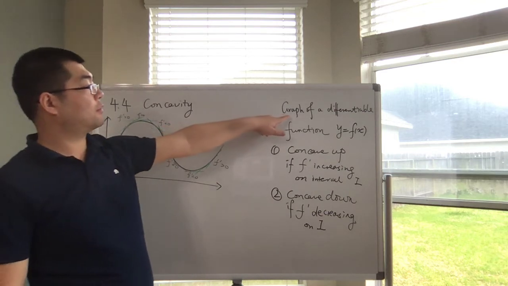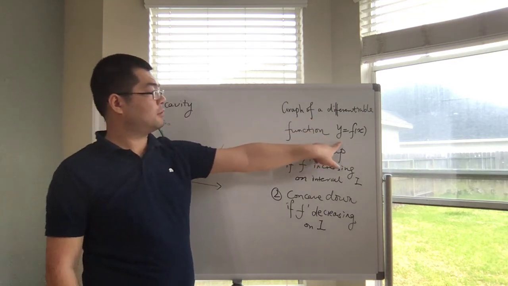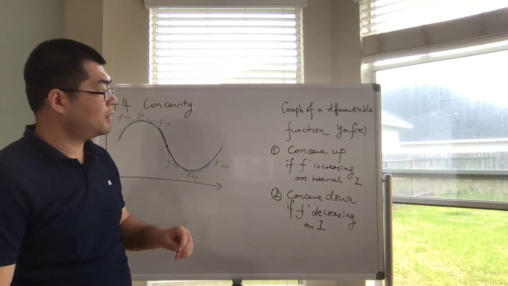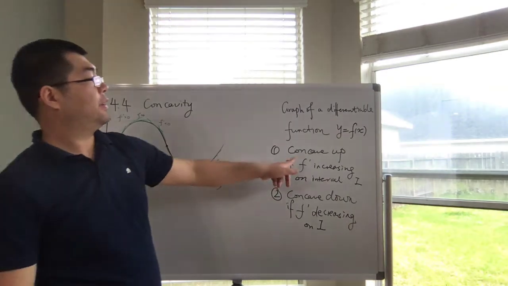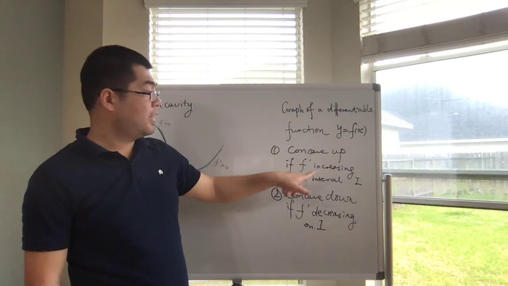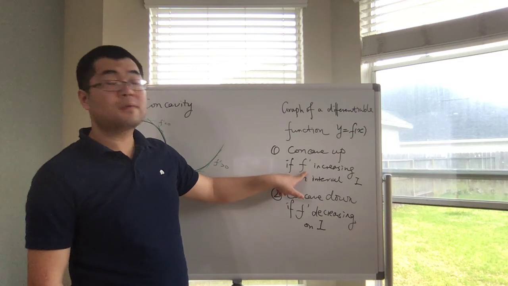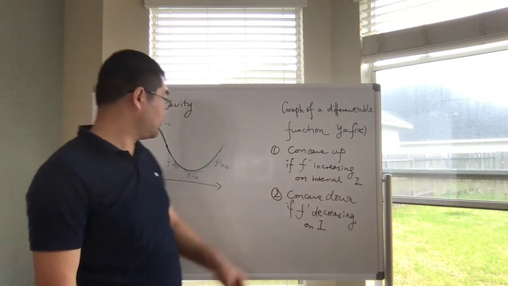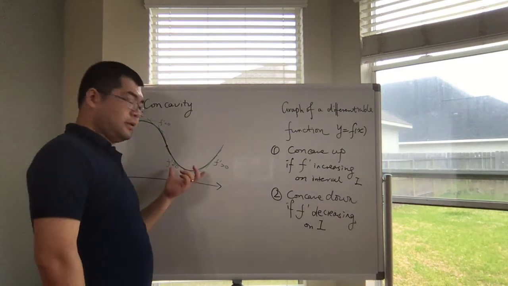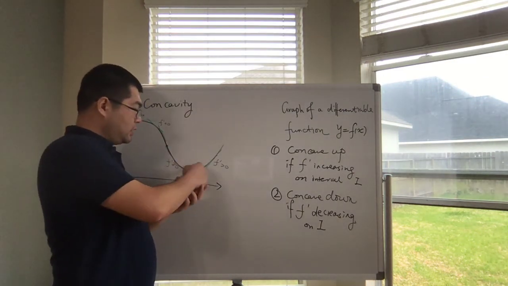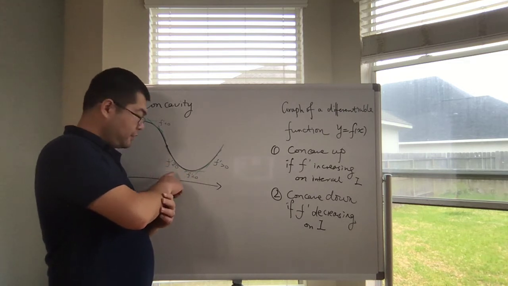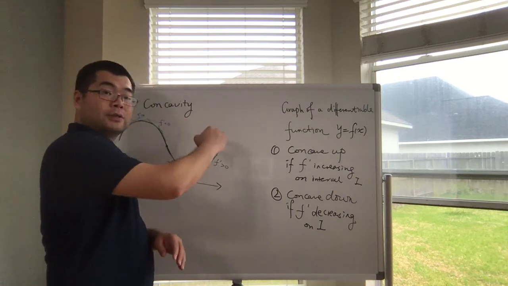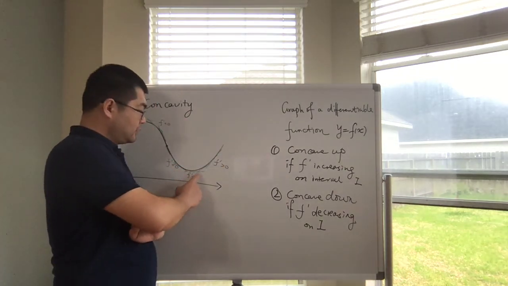If we have a graph of a differentiable function y equals f(x), we call the graph of the function concave up if the derivative function is increasing on the interval I. For example, we can look at this part. If we look at this, you will see that the derivative function from some places here up to here is increasing, because it goes from negative to 0 to positive.